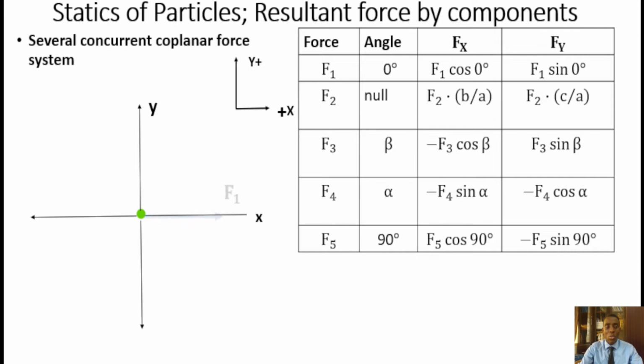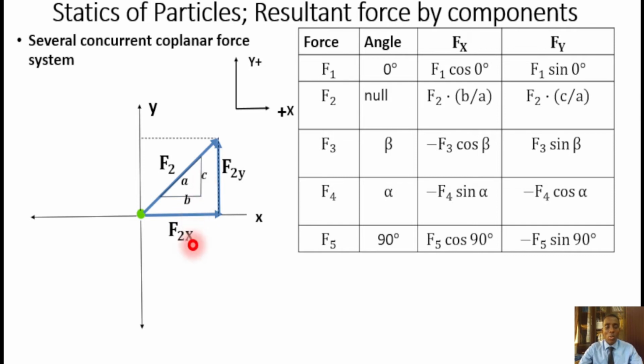Now I have F2. I was not given the angle, so that's why I wrote null here. There is no angle. However, I have a small triangle, so I will be able to reduce this into x and y components. First of all, draw a rectangle. Then I have F2x along the x direction, F2y along the y direction.